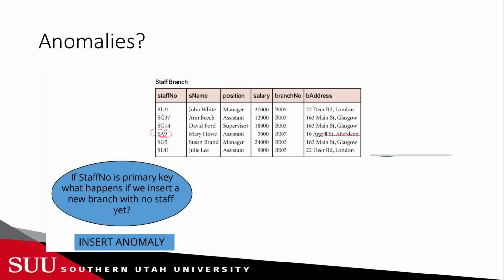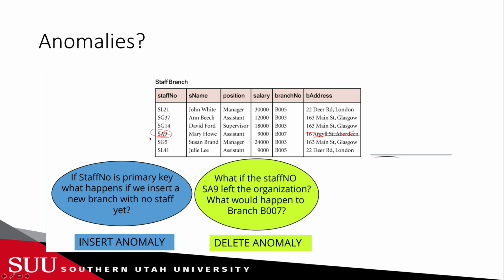So deleting this employee will make me lose this branch. So by the definition of delete anomaly, when we delete some data, it's going to delete some other pieces of data that we may need later on. So this is an example of a delete anomaly.